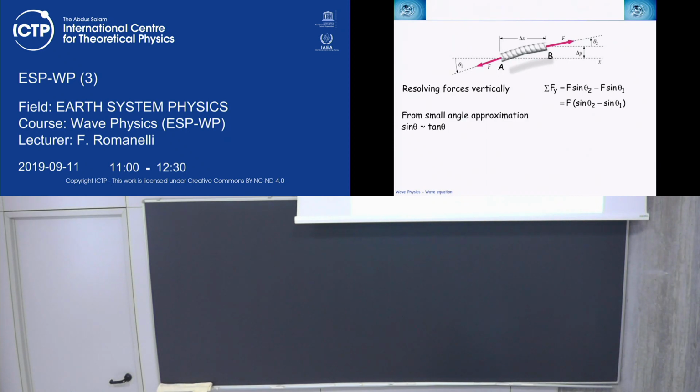Can you guess why? Look, when the angle is small, the sine is the angle and the cosine is 1. So the tangent is like the sine and like the angle. Very lazy. Okay, so now the total force is related to the difference between the tangents. Why do we need this?